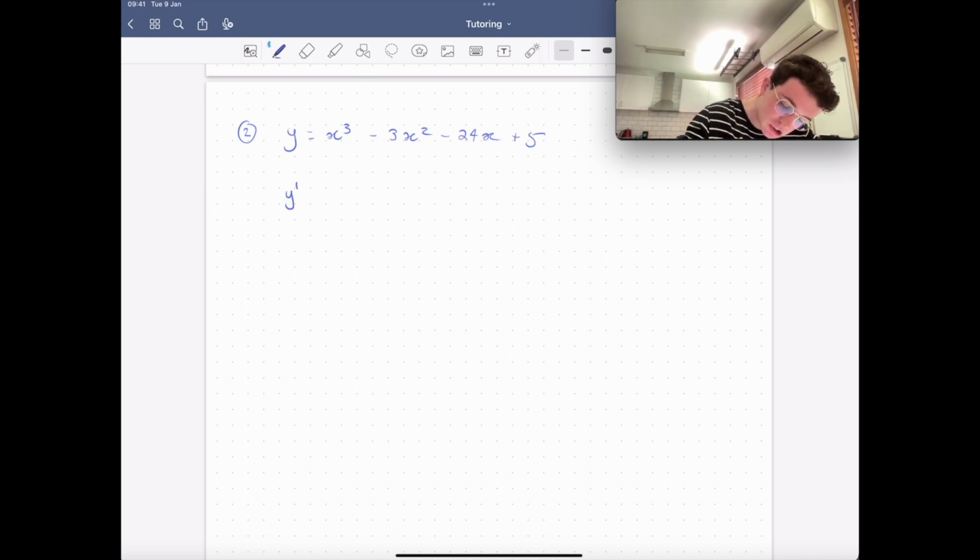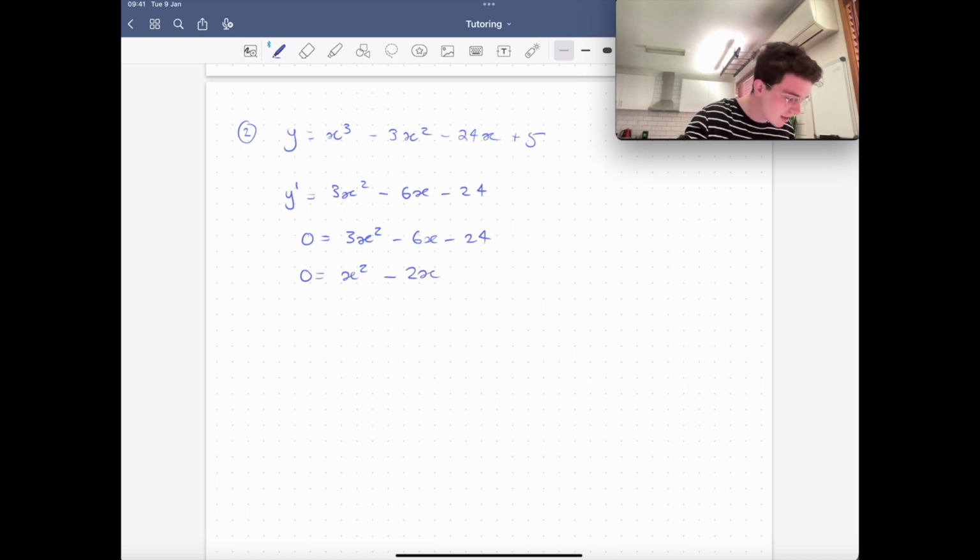So y dash is equal to 3x squared minus 6x minus 24. Notice that it was a cubic, and we've differentiated, and this is obviously a parabola. To find its stationary points, we set it equal to 0. So 0 is equal to 3x squared minus 6x minus 24. I believe we can divide all that by 3, so 0 is x squared minus 2x minus 8, since 24 divided by 3 is 8.